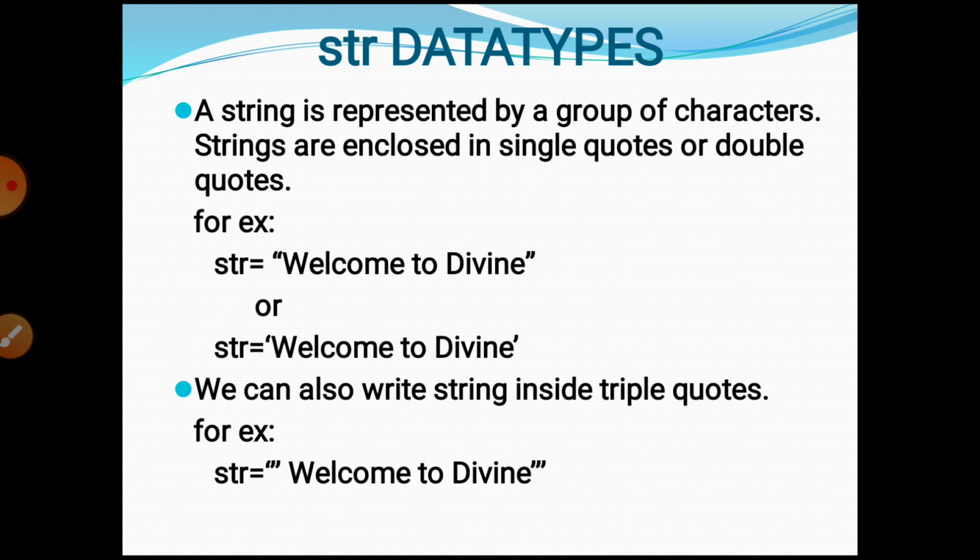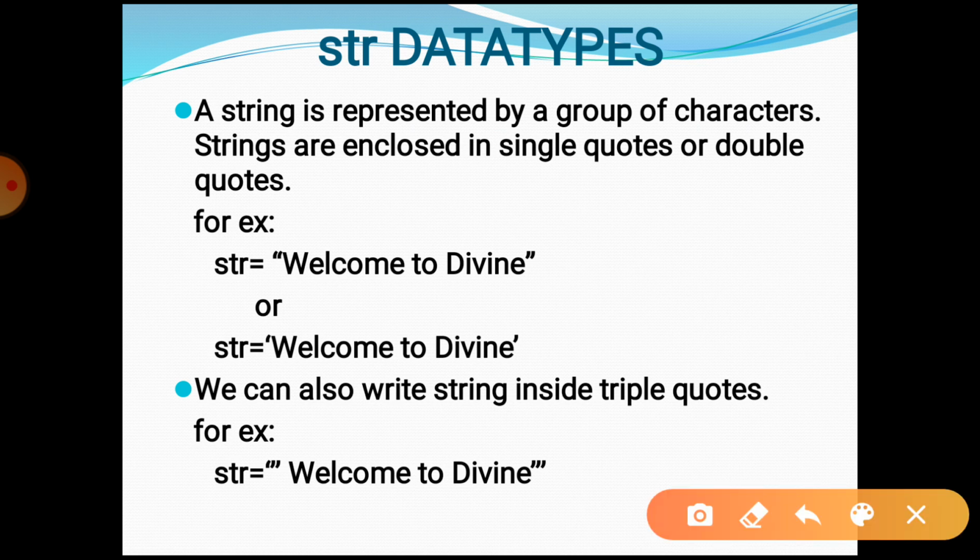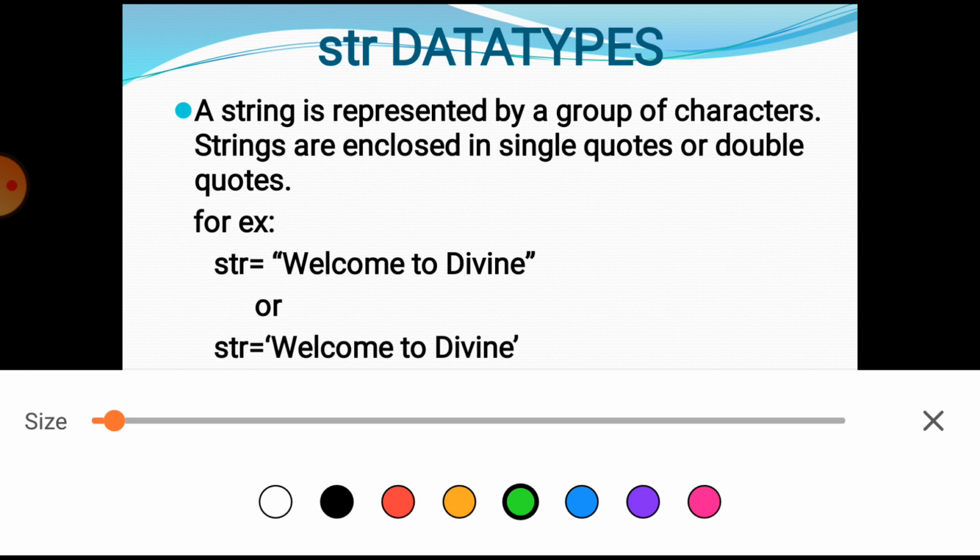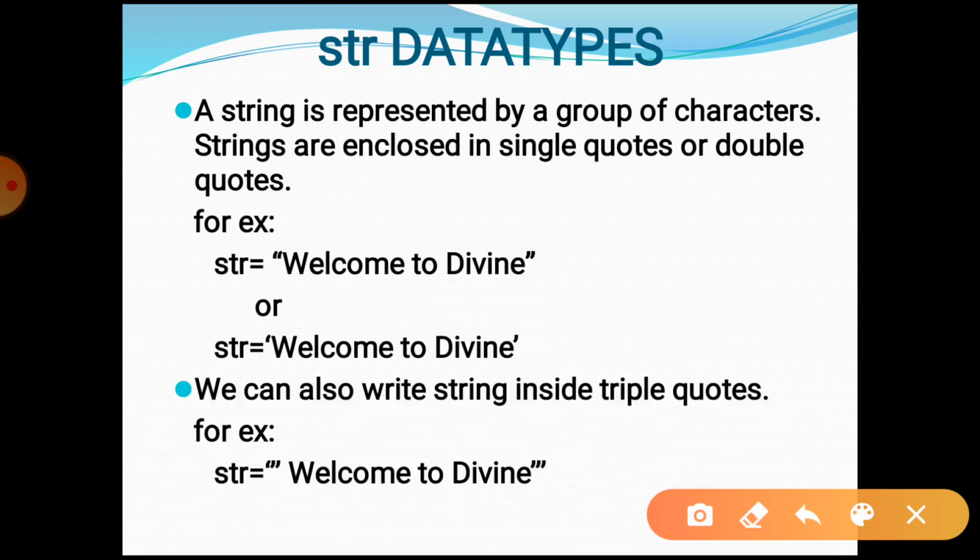The first one is the str data type. A string is represented by a group of characters. Strings are enclosed in single quotes or double quotes.